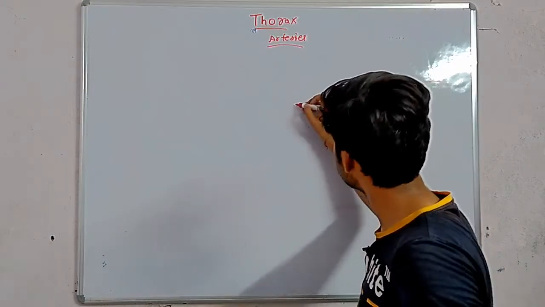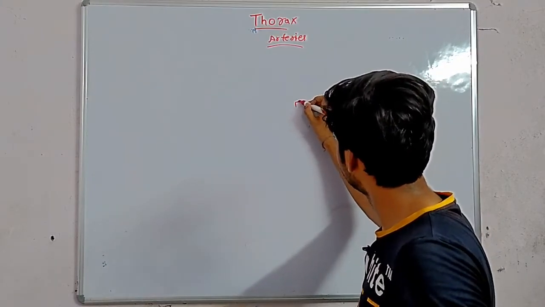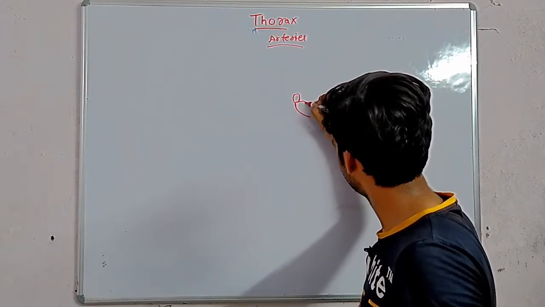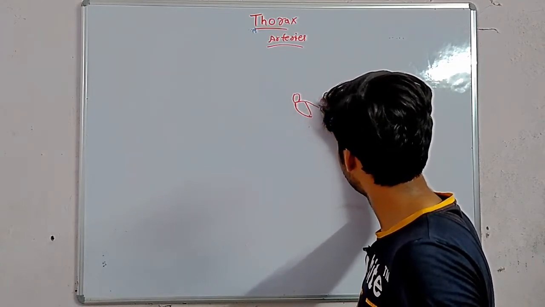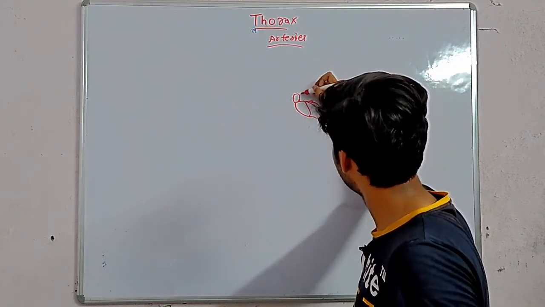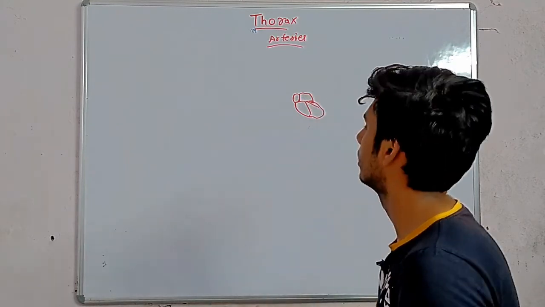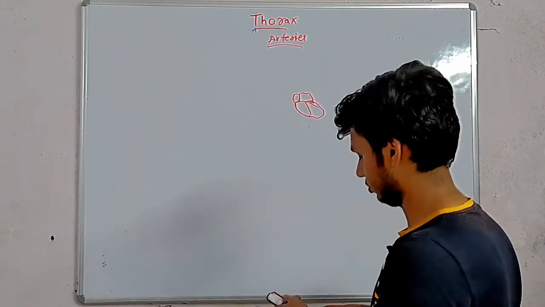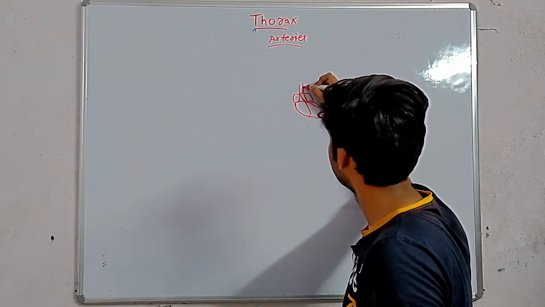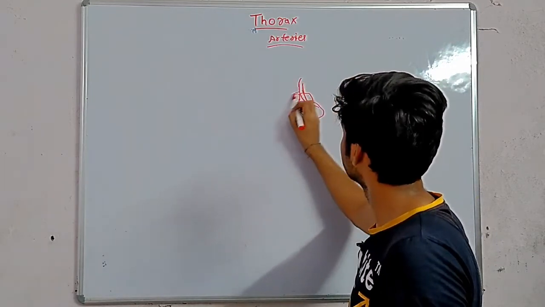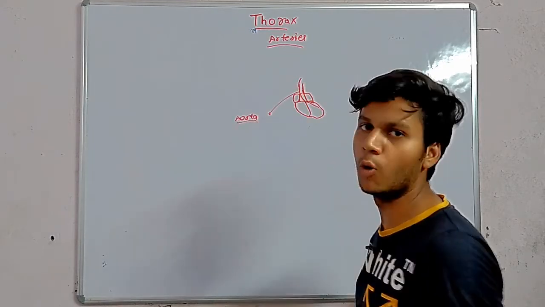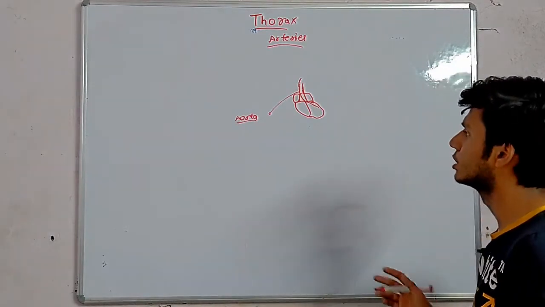So we know this is the heart and this is the aorta. Aorta, the main artery of the whole body. All arteries emerge from this.